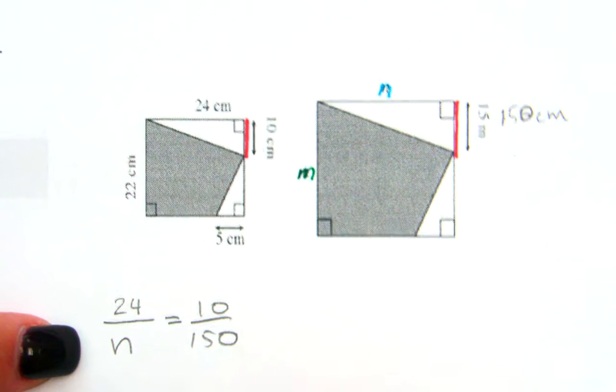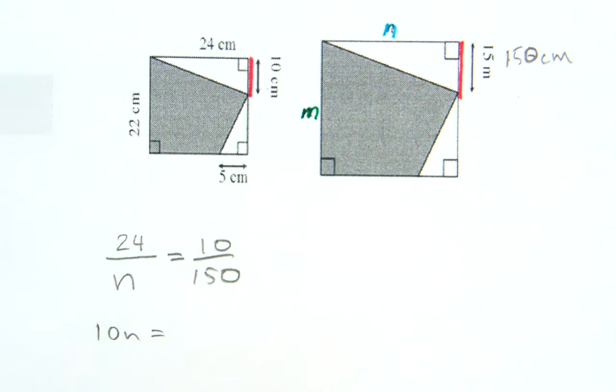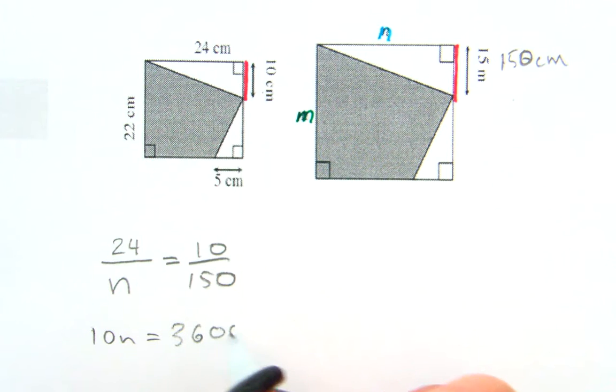So we have 10n is equal to 24 times 150. There's no way I'm doing that in my head. 3,600, and divide by 10 is going to give us n is equal to 360.